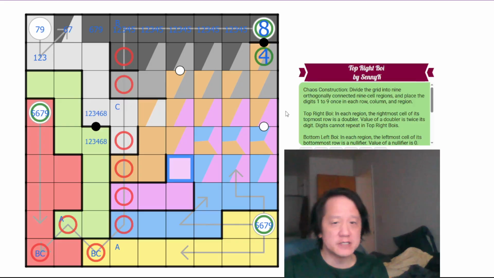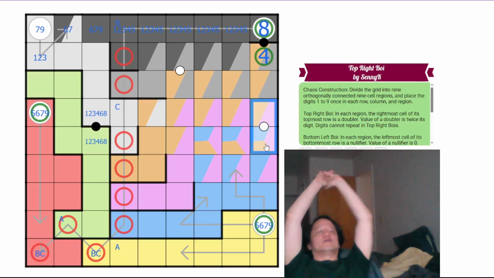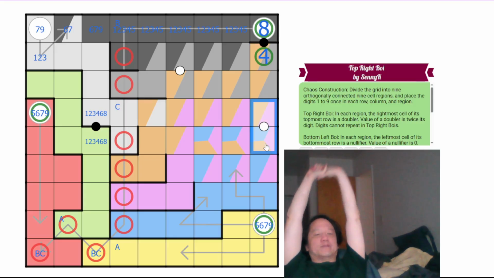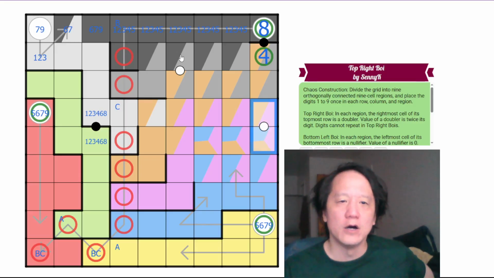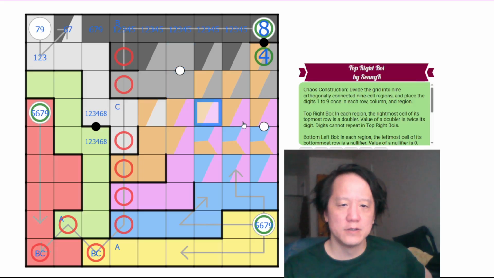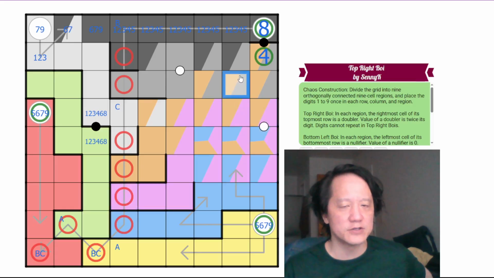For it to be consecutive, we have to have an odd and an even value. So one of them definitely is not a top right boy here. They have to be in the same region, though. Oh, these have to be in the same region. So this cannot be dark, and it cannot be pink, orange here. Pink, potentially 1, 2, 3, 4, 5, 6, 7, 8, 9. Okay, so that's the most it can get to.